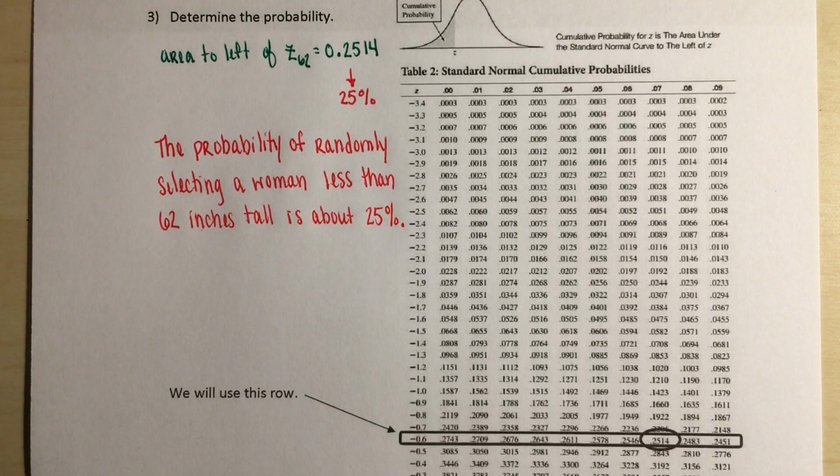Notice that we use words like about or approximately because it's not exact. Remember, this is just a model, and we are doing some rounding in here. So we're almost always going to see, the probability is about, and then that's going to give us our answer. So our area to the left is our probability in this case because we are looking for a less than probability.